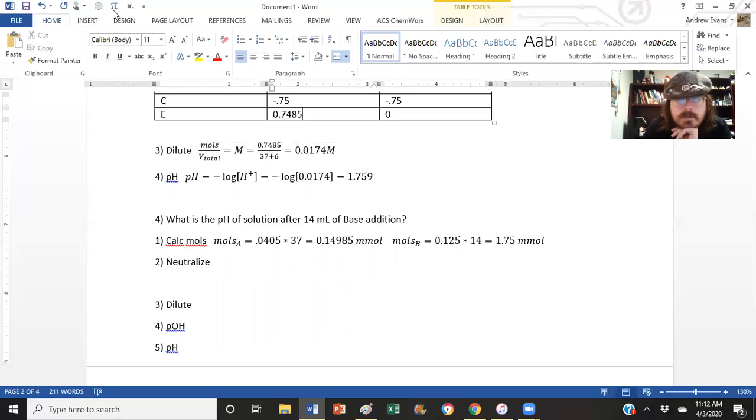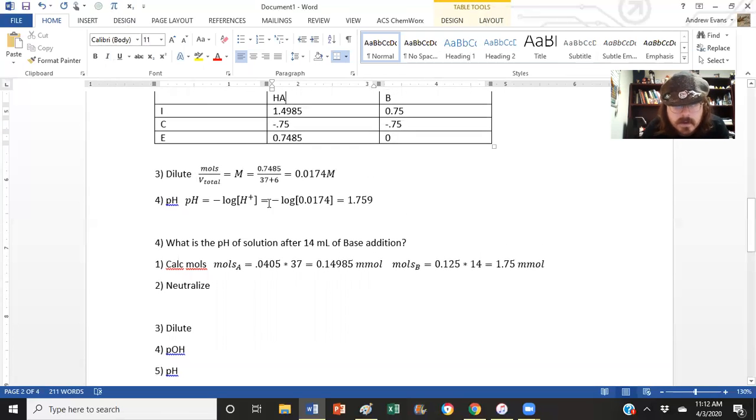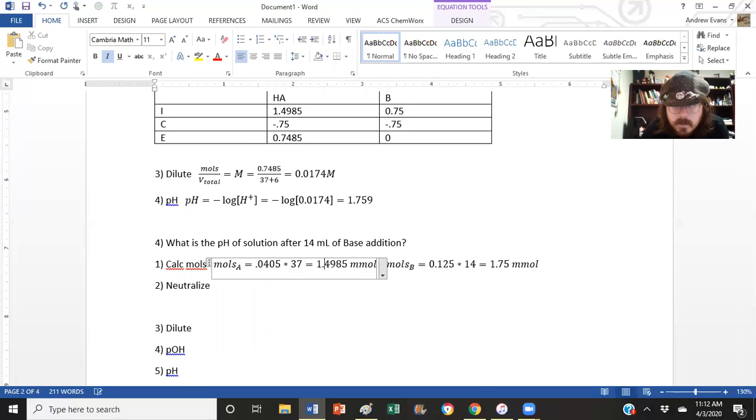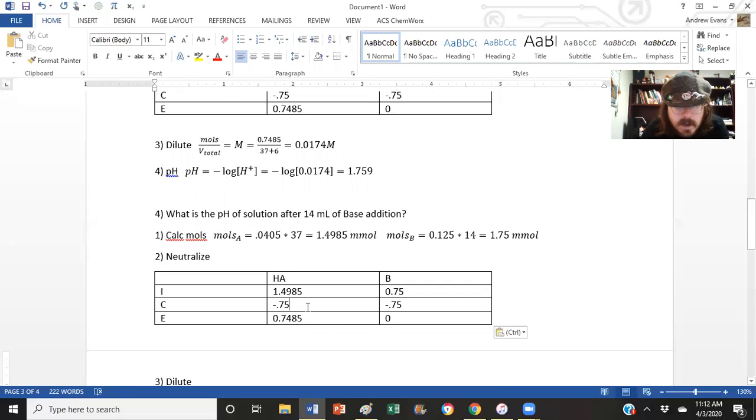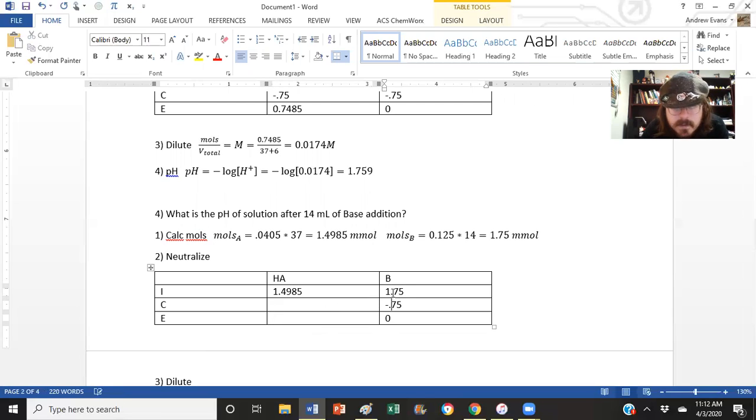Now the moles of base are greater than the moles of acid. So we're going to still neutralize, but now we have more base than we have acid.